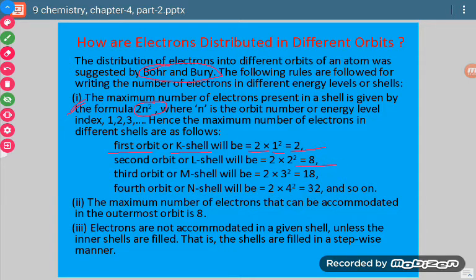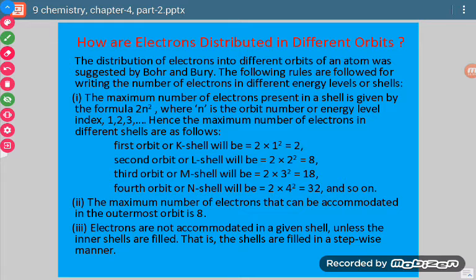Similarly, for M shell, n value is 3 and it will be 2 into 3 square. So there are total 18 electrons which can be accommodated in M shell. Similarly, for fourth orbit or fourth shell, which is N shell, small n value is 4, so maximum number of electrons which can be accommodated are 32. Okay, so this was the very first point for distribution of electrons in the atom.